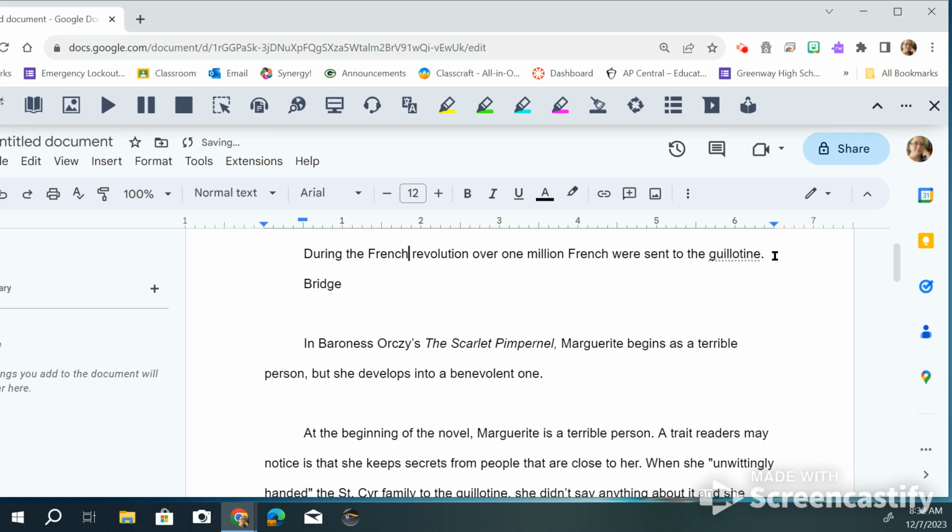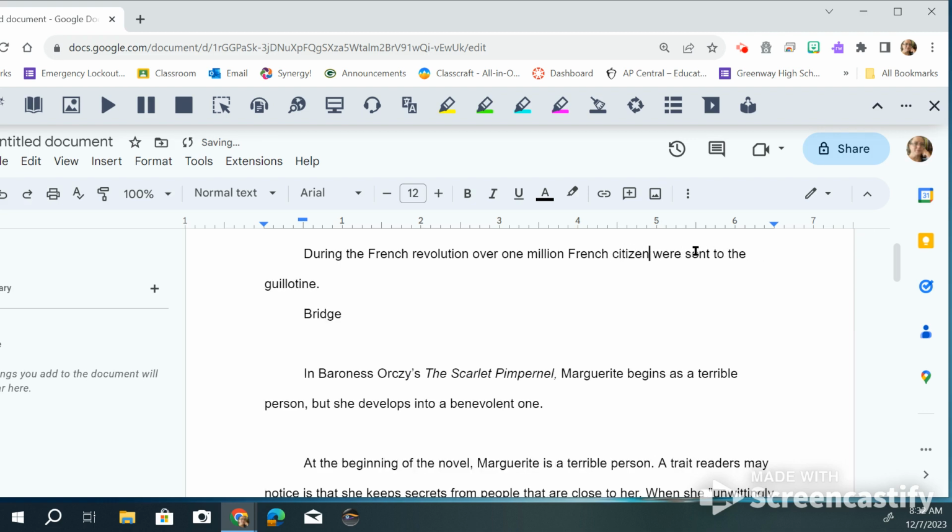During the French Revolution, over 1 million French citizens were sent to the guillotine.